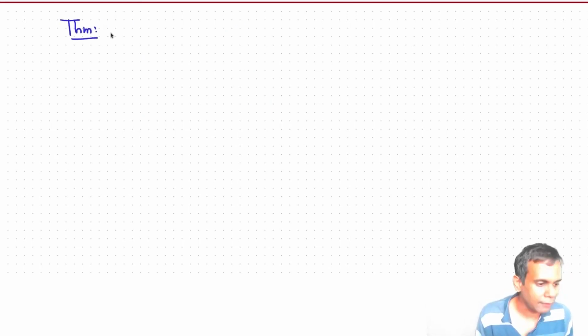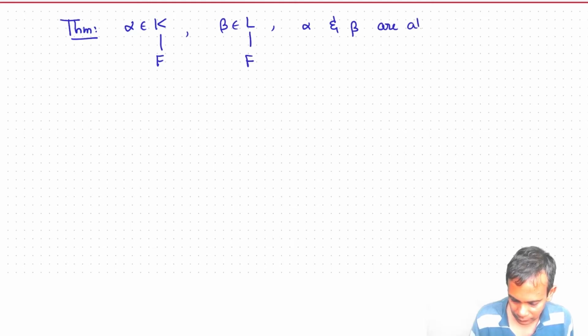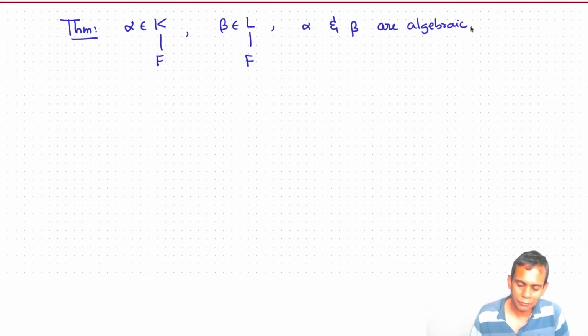So now suppose we have this situation where we have alpha in a field extension K over F, beta in a field extension L over F, and alpha and beta are algebraic. See, if alpha and beta are both transcendental, then of course F(alpha) is isomorphic to the field of rational functions over F. F(beta) is also isomorphic to that same field, and so F(alpha) is isomorphic to F(beta).